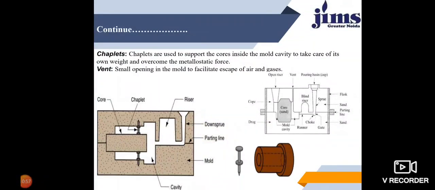So to let out those unwanted particles and gases, vents are created in the mold cavity so that these bubbles and gases escape into the surroundings. This is called vent.